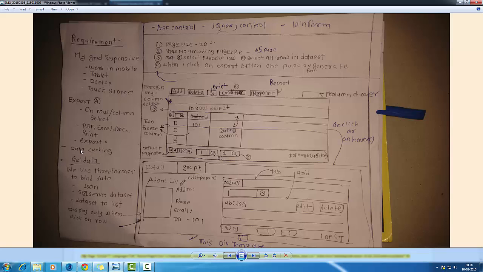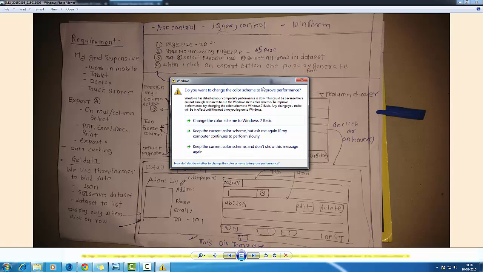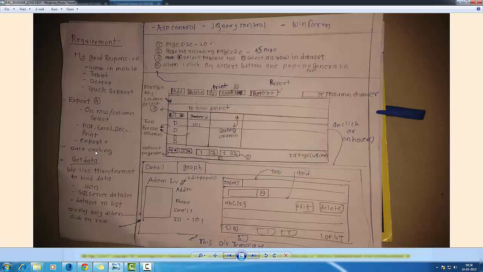Actually, I don't know what data caching is, and I don't find any data caching description here, but I'd like to implement a data caching method in my grid view. It will be helpful to reduce the overhead on my SQL server.